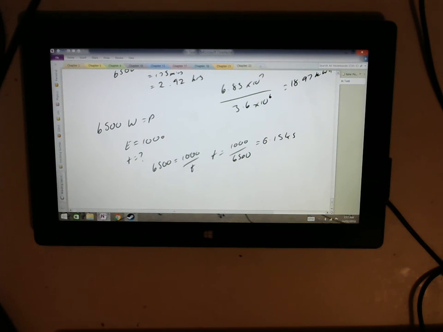Let's see if we can find a good article. Joules, kilowatt, explained. Let's have a look. I found a website called Energy Lens. What is the difference?